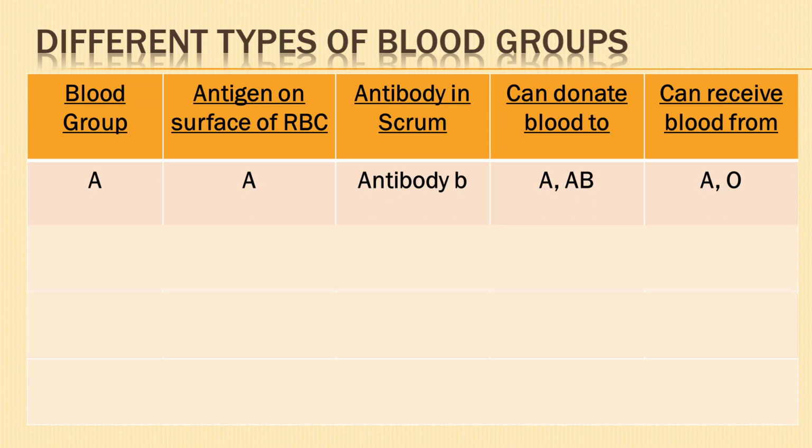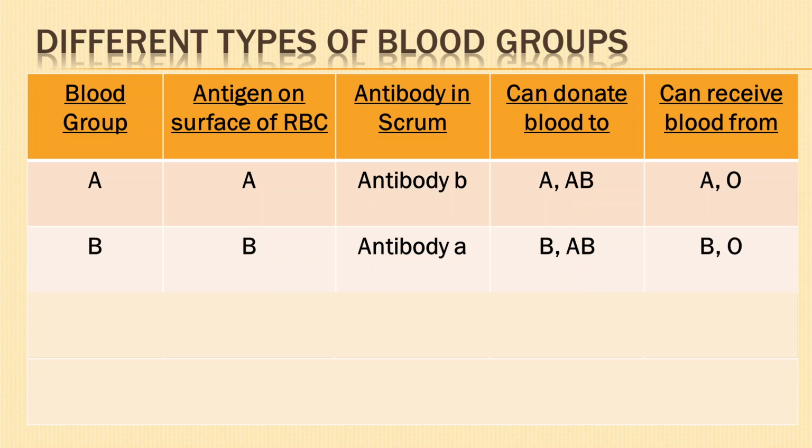A person with blood group A can donate blood to a person with A or AB blood group and can receive blood from persons with A or O blood group.